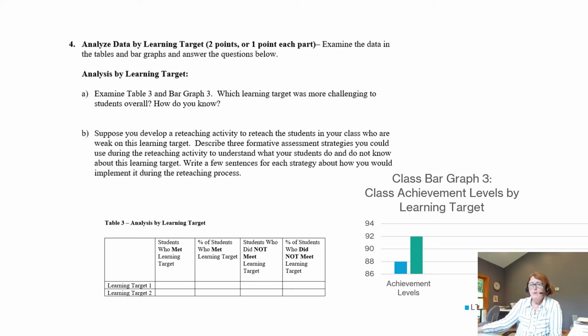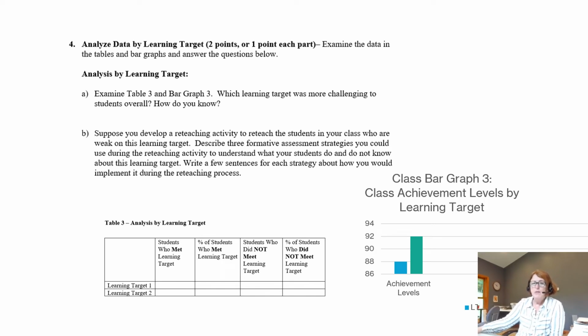So what I want you to do instead is describe 3 formative assessment strategies you could use during the reteaching activity. So you're going to write about how you would reteach it and what 3 formative assessment strategies you would use to reteach it. So focus on what you think they might be weak in and how would you know they're getting it this time.